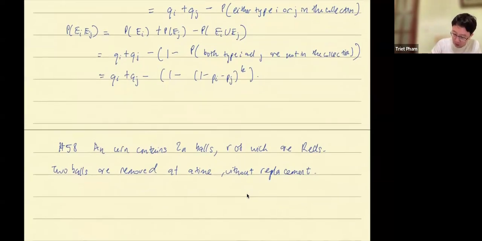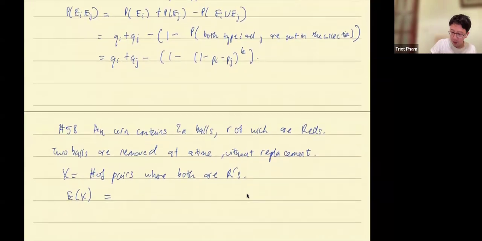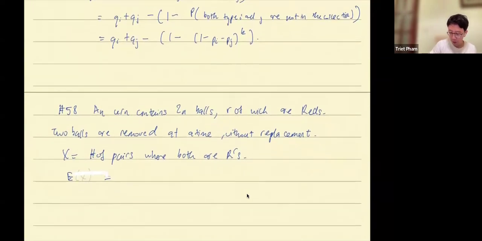And you let X be the number of pairs where both balls are reds. Okay. So we have, right, found expectation of X, which let's remind ourselves. So, okay, we can do the whole problem again, right? So X will be the sum of Xi from 1 to n, where Xi is the indicator if the ith pair has both reds.